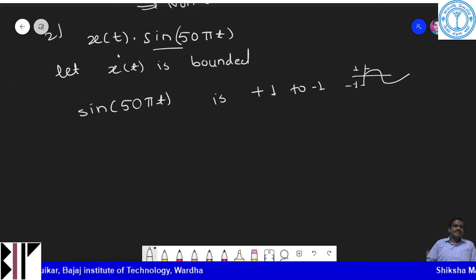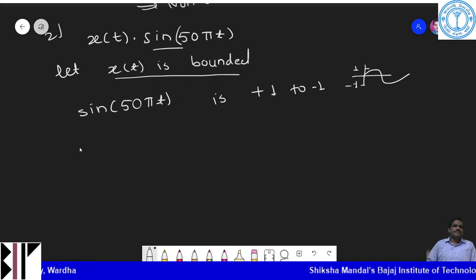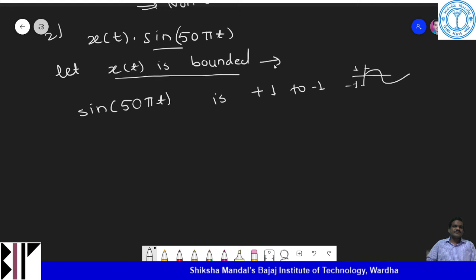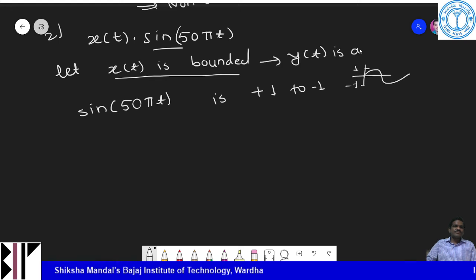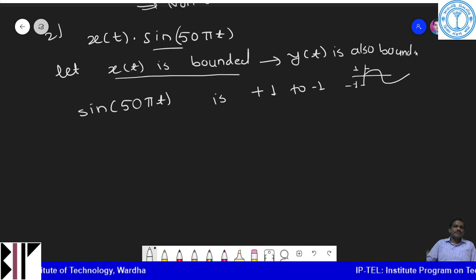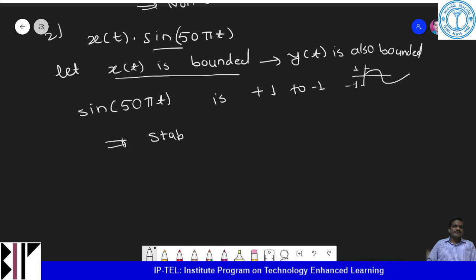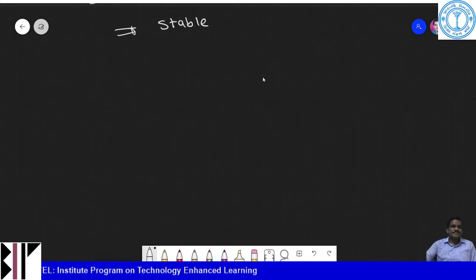It is multiplied by x(t), which we consider bounded. So this implies y(t) is also bounded, and the system is a stable system.